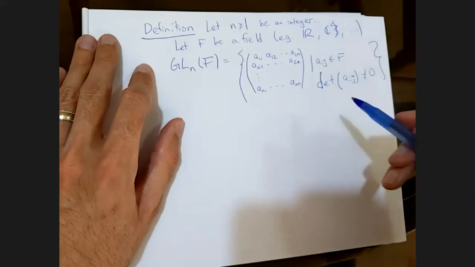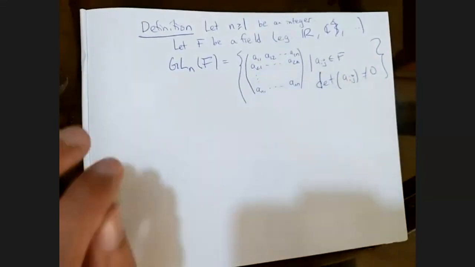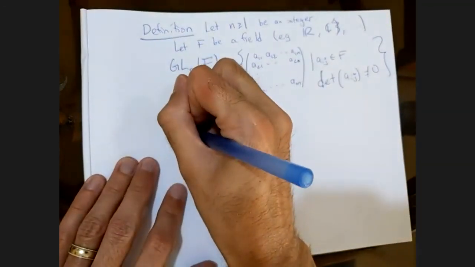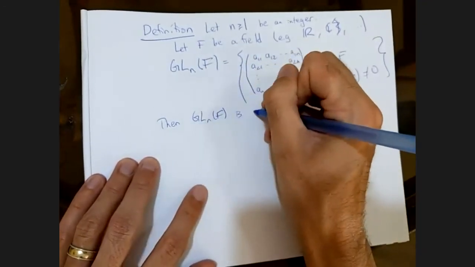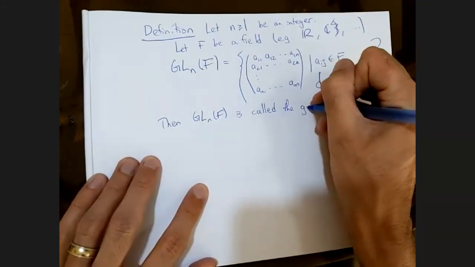In other words, the n by n invertible matrices over this field F. Then GL n of F is called a general linear group.